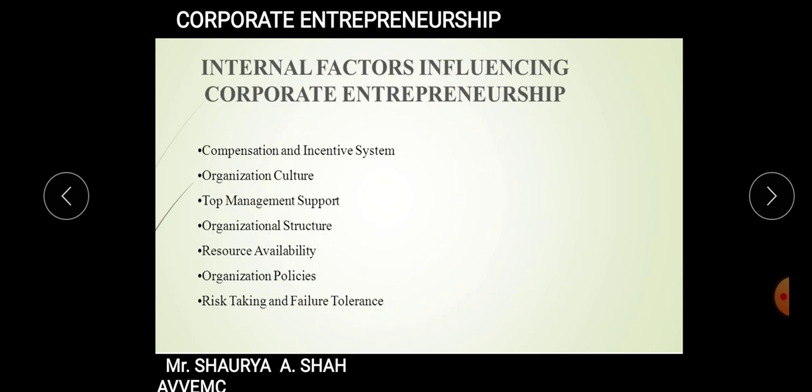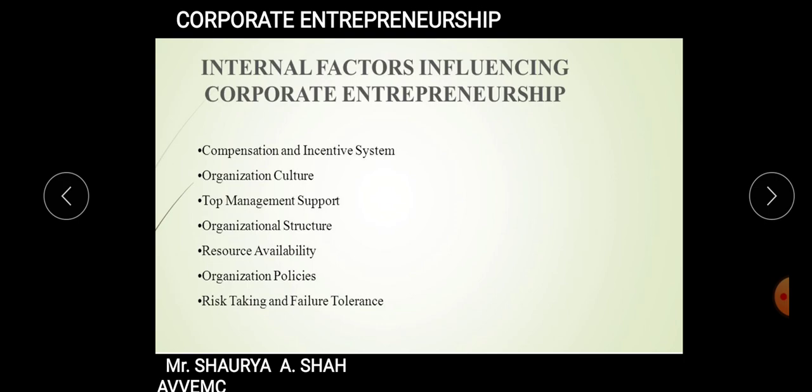So compensation and incentive system is such a factor which affects the working of an employee the most, right? So if in your compensation system you are giving bonuses, attractive returns, non-monetary incentives, monetary incentives, social status, then all this compensation and incentive system should be linked with the target to be achieved.